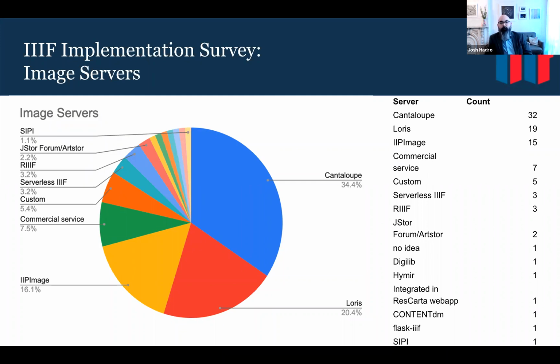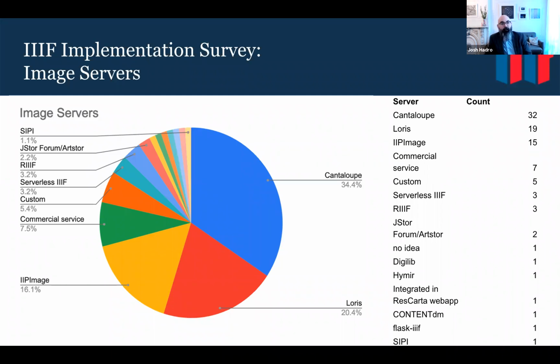One of the big ones for a long time has been the image servers that people use. And I will say here that people could list more than one. So some people make use of custom work as well as, say, Cantaloupe or Loris. But I think for a long time there have been three headline image servers, and we see that still happening here.